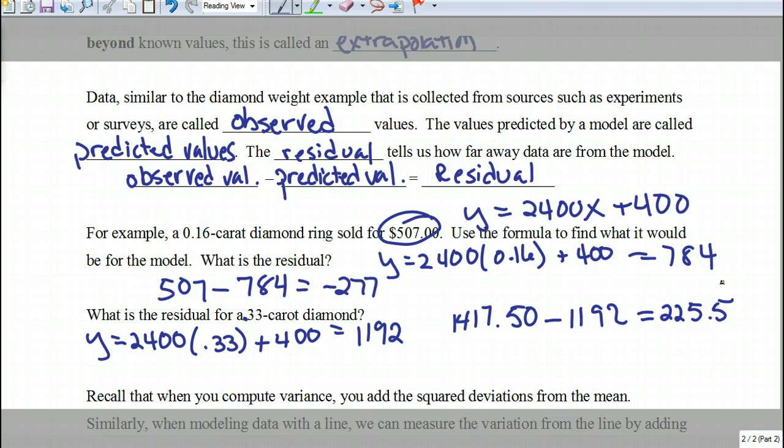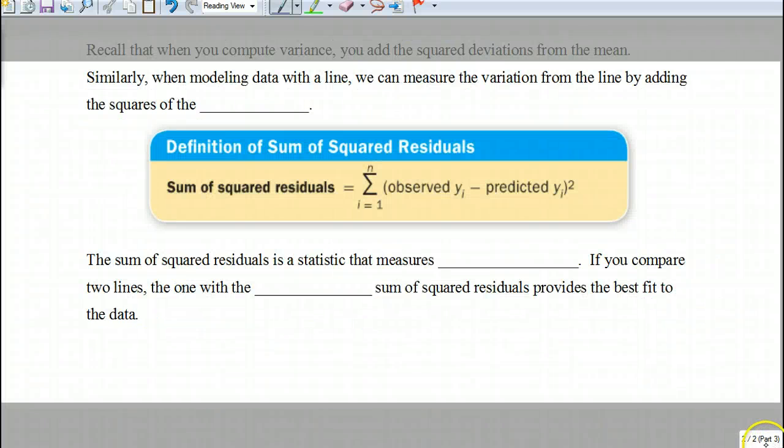Okay, recall that when you compute variance, you add squared deviations from the mean, and this is very similar to that because when we're looking at residuals, we're taking a variation from the line. So similarly, when modeling data with a line, we can measure the variation from the line by adding the squares of the residuals.